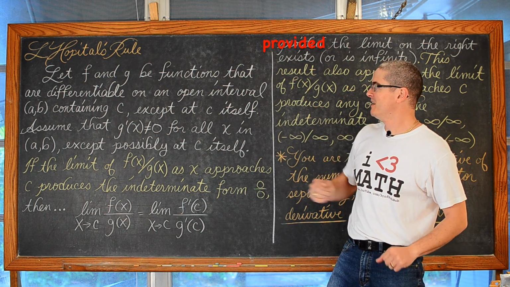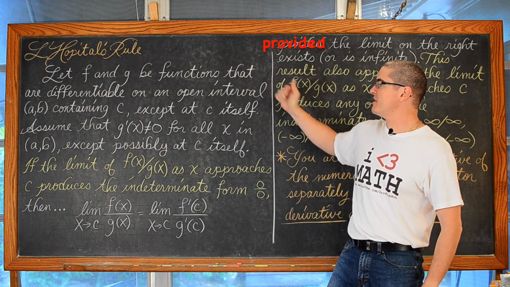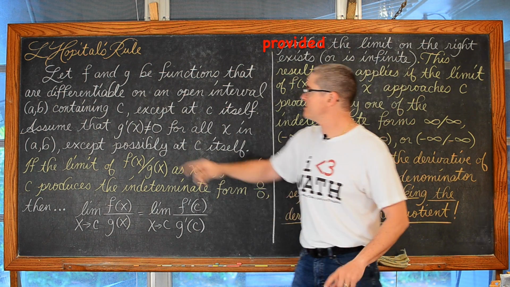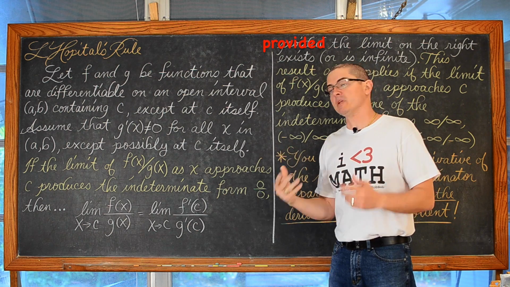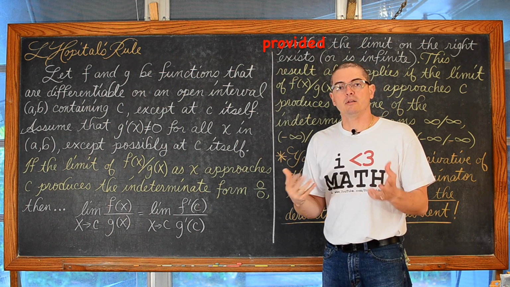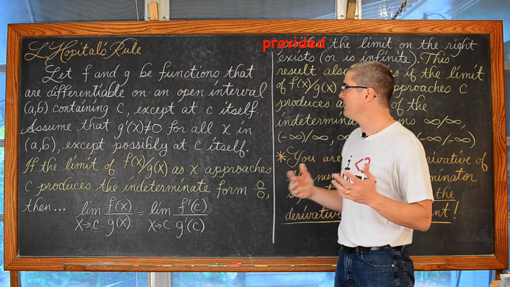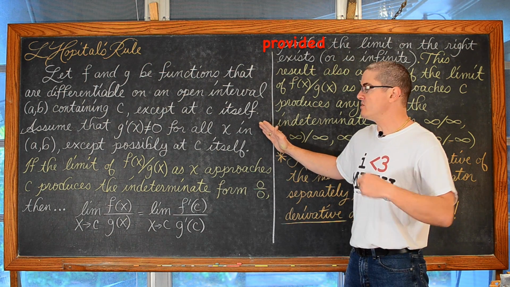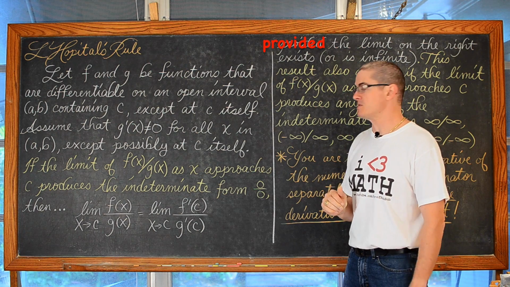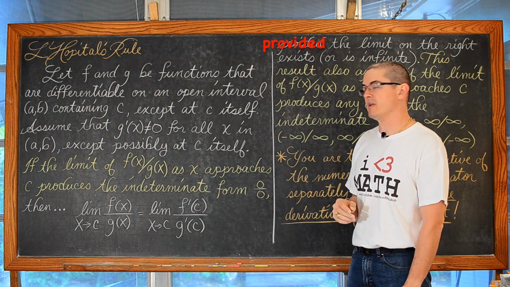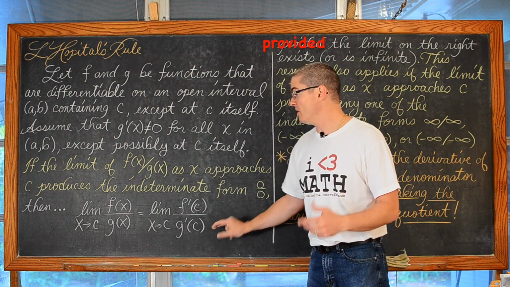L'Hopital's rule. Let f and g be functions that are differentiable on an open interval (a, b) containing c, except possibly at c itself. Like my algebraic example, functions aren't differentiable at a hole, right? Also assume that g prime of x is not equal to 0 for all x in the open interval (a, b), except again possibly at c itself, because then you'd be dividing by 0.